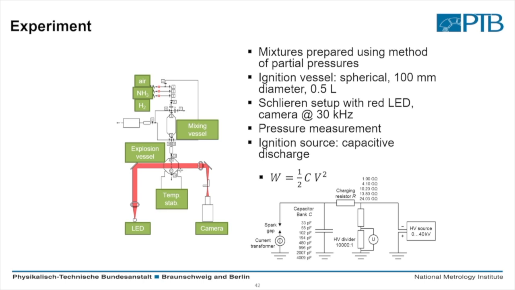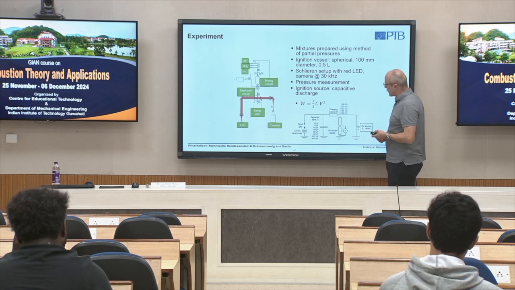So we have a volume only of half a liter, which is normally sufficient for ignition observations, but I of course will show you some limitations later. We can perform pressure measurements, and the ignition source is again a capacitive discharge. And in the previous slides, it looks like that we can vary this energy with a large degree of freedom.